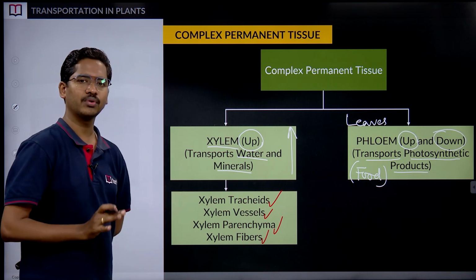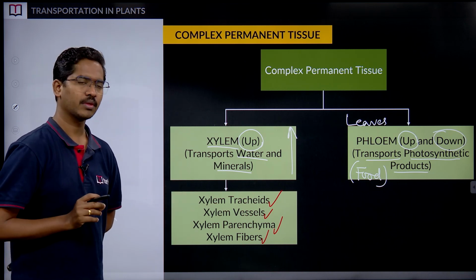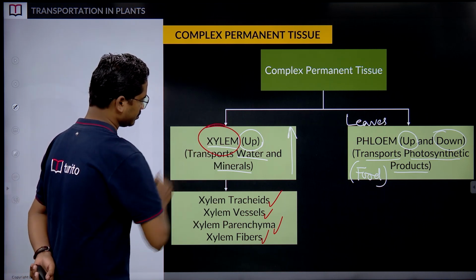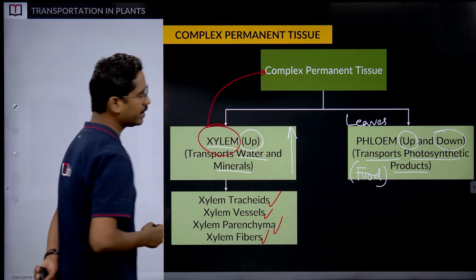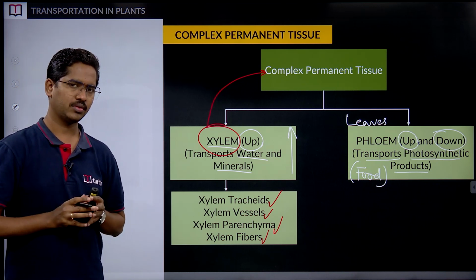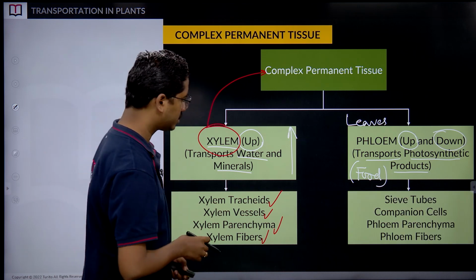These are the 4 basic components or elements which make up the xylem, and this xylem is a complex permanent tissue, right. Hope you are aware of it. Now, whatever you have learnt in grade 9 is coming up again here, we have to understand that.